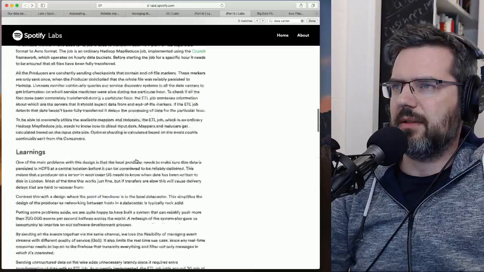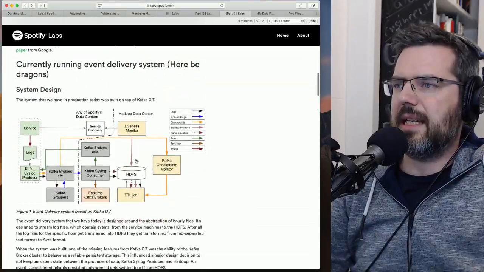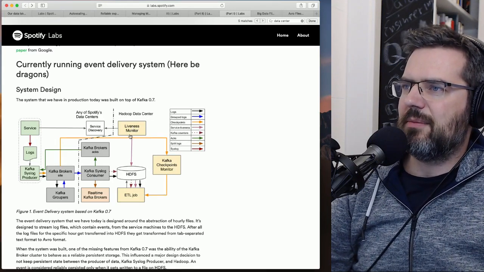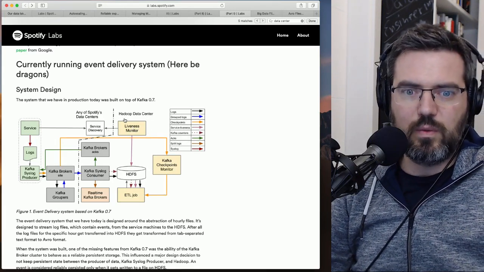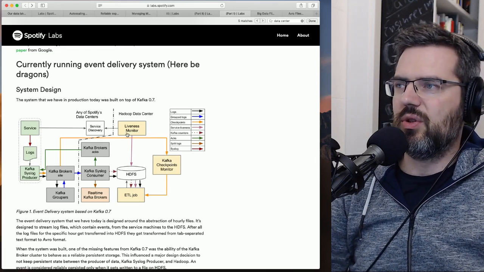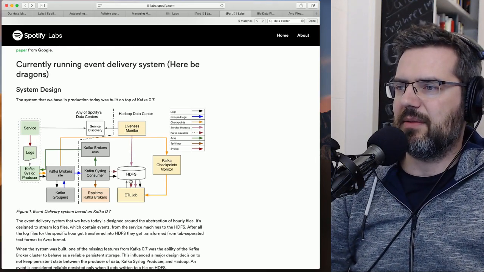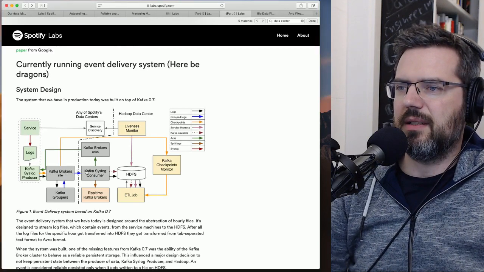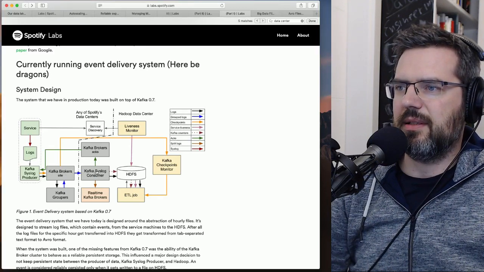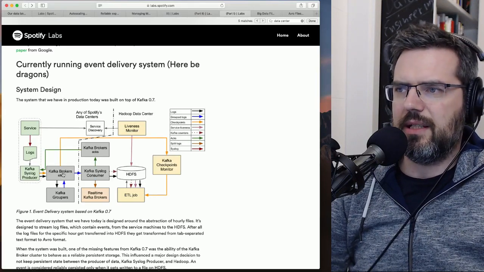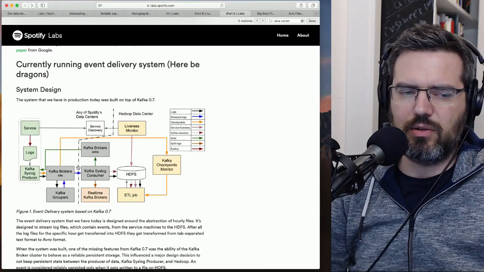Data is getting into HDFS, and what they also run is a liveliness monitor because of their problems with HDFS, to basically make sure HDFS is still up. Because when HDFS goes down, the brokers need a lot of storage.